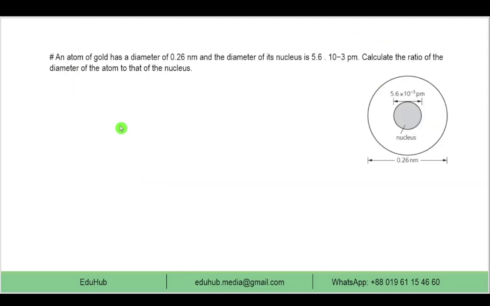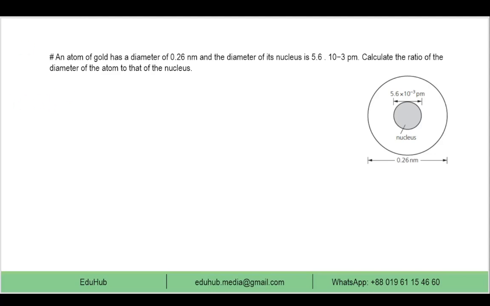So the last problem is: an atom of gold has a diameter of 0.26 nanometer and the diameter of its nucleus is 5.6 into 10 to the power minus 3 picometer. Calculate the ratio of the diameter of the atom to that of the nucleus.